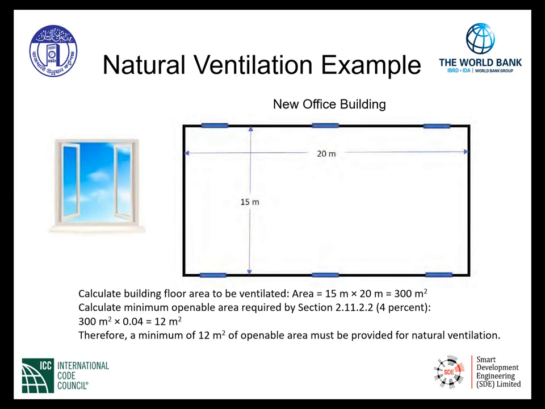So we calculate the minimum openable area. We take 300 square meters times the decimal equivalent of 4%, which is 0.04, and that equates to 12 square meters of minimum openable area that must be provided for natural ventilation.